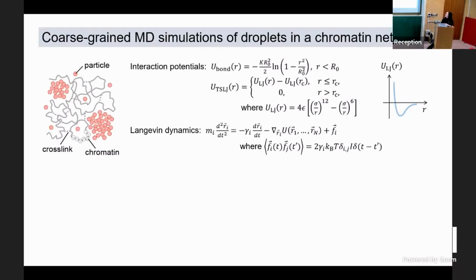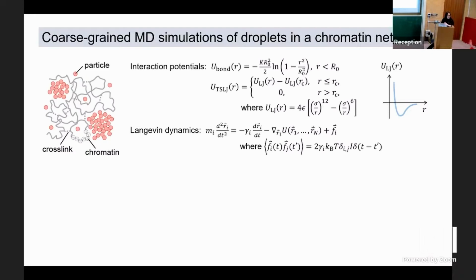Then we make attractions between the red particles to mimic their phase separation ability. We also make these red molecules repel the chromatin, because that is what is observed: there are holes in the chromatin where the condensates are. So the red particles attract each other, and all the rest of the molecules have essentially short-range repulsion. Then we have a chain connected for the chromatin, and some crosslinks. That's all, and we evolve it.